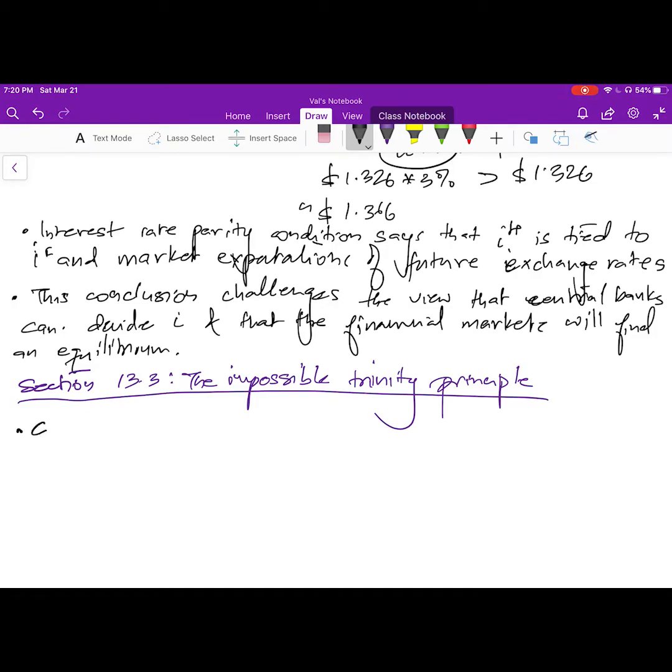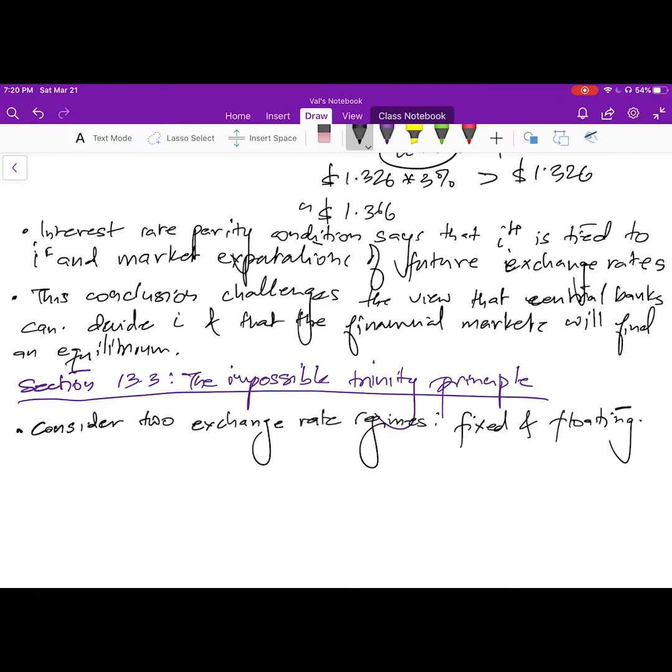So consider two exchange rate regimes. Of course, fixed and floating. So what are the differences?